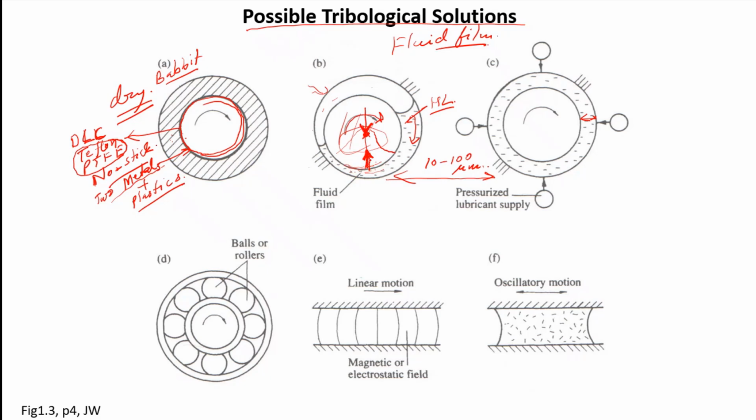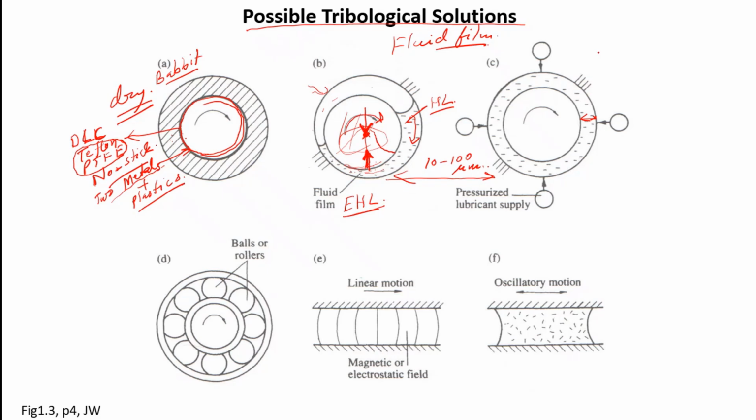This is the main principle that we learn in hydrodynamic lubrication, and then it goes on to EHL, which is elasto-hydrodynamic lubrication, just a subset of hydrodynamic lubrication. We will study the Stribeck curve and show in what condition EHL will be formed and in what condition HL will be formed.